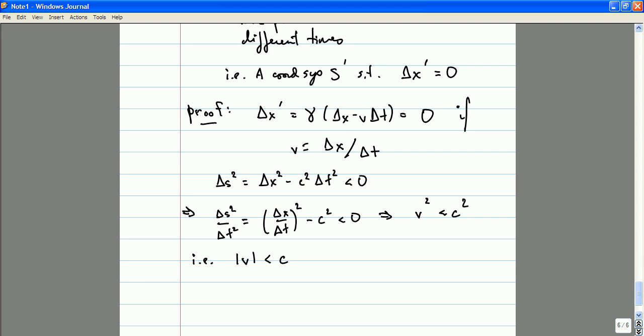So in particular, that means that we can choose an observer moving with a speed less than the speed of light, to whom it would appear that the two events take place at the same location.